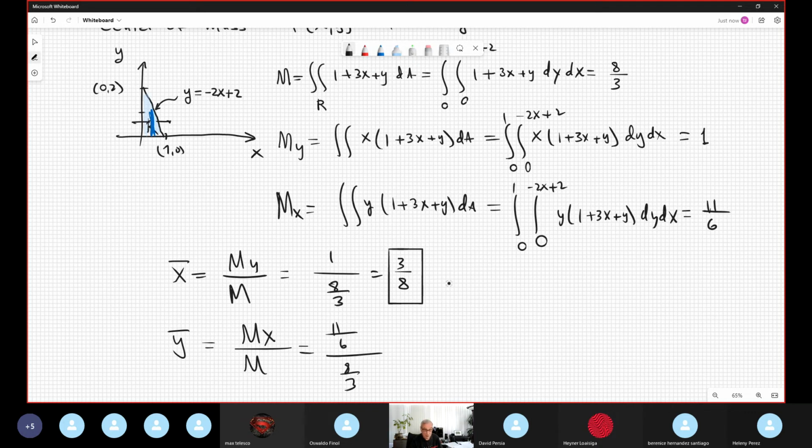Okay, the answer is 11 over 16. Let me see, 11 over 6 times 3 over 8. With simplification it is 11 over 16, yes. Okay. Super cool, right?